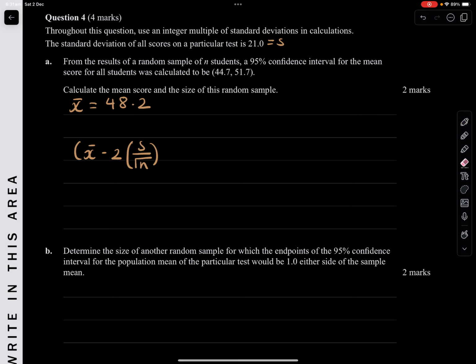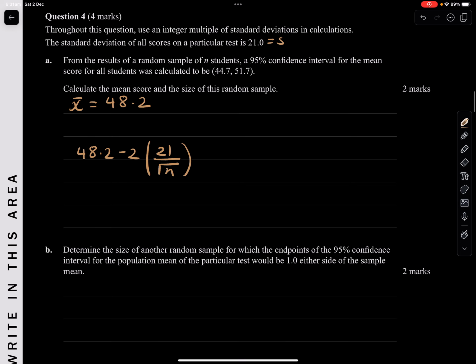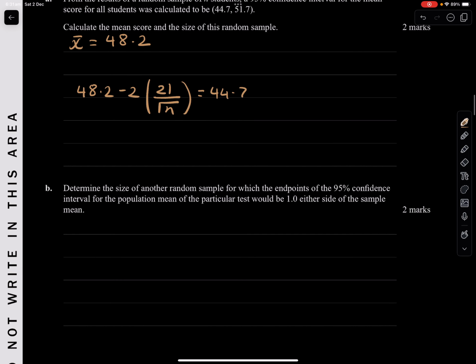So let's rub this off. It's going to be your mean, which in this case is 48.2, minus 2 times your S value, your standard deviation, which is 21, over root n, and we want to find n, the size of the sample, and that is all equal to 44.7. If I bring that 44.7 to this side, so minus 44.7, and the other one to this side, 21 over root n.